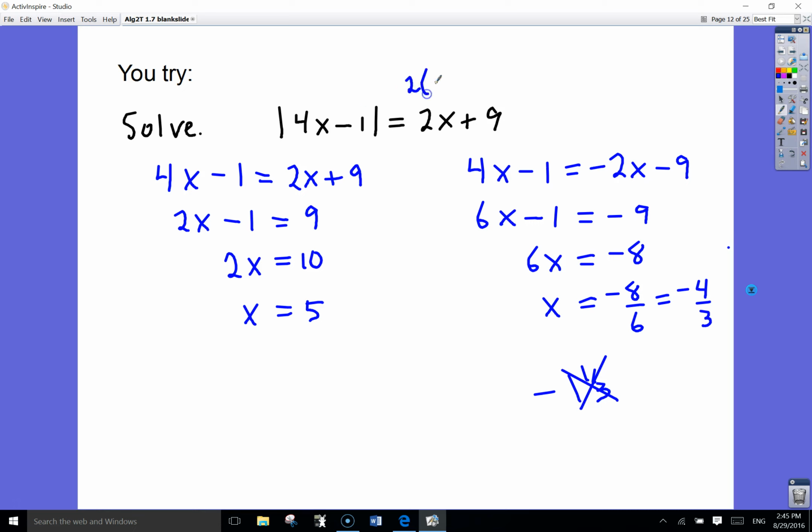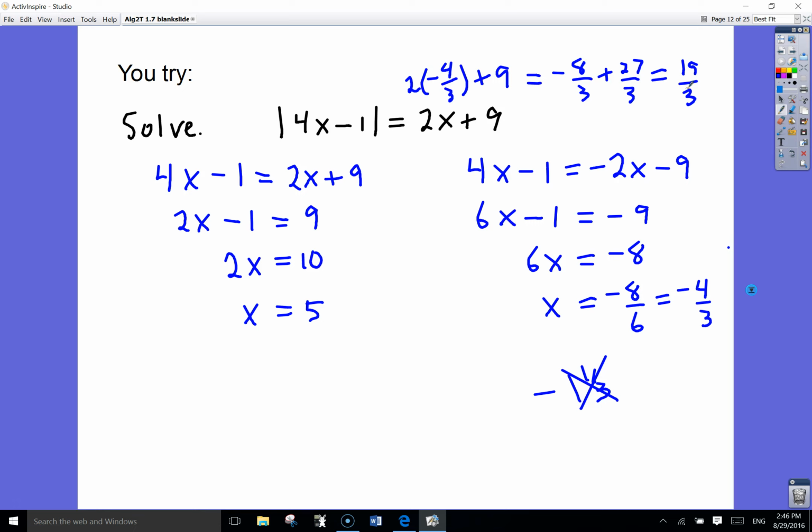Okay, let's try this one. 2 times negative 4/3 plus 9. Okay, that'll give me negative 8/3. And then in order to add to 9, I need to turn 9 into thirds. That's 27/3. Which is 19/3. Okay, well, at least it's positive.